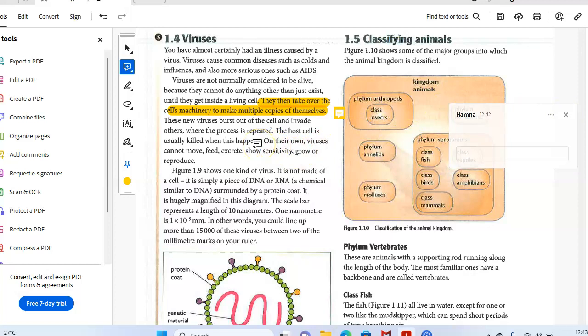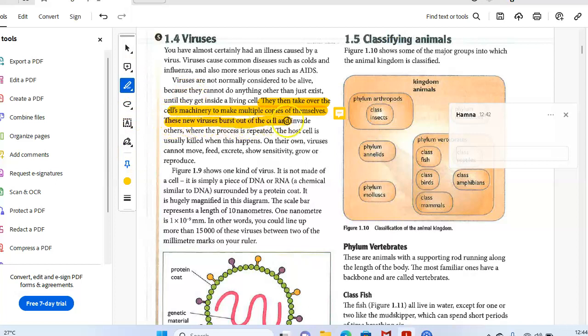When they are in a cell, they keep on dividing, and hence they make the cells of a host burst, and they try to invade other cells, and this process keeps on continuing.